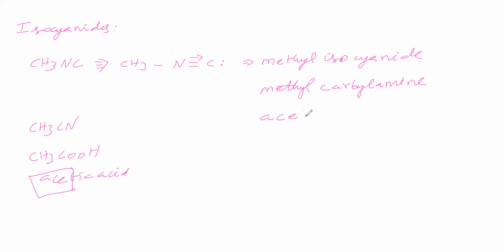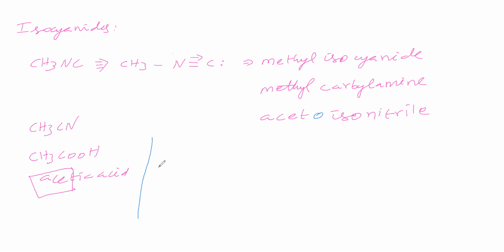Then the IUPAC name is isonitrile. In between this acet and isonitrile include O. So acetoisonitrile is the name for this CH3NC.